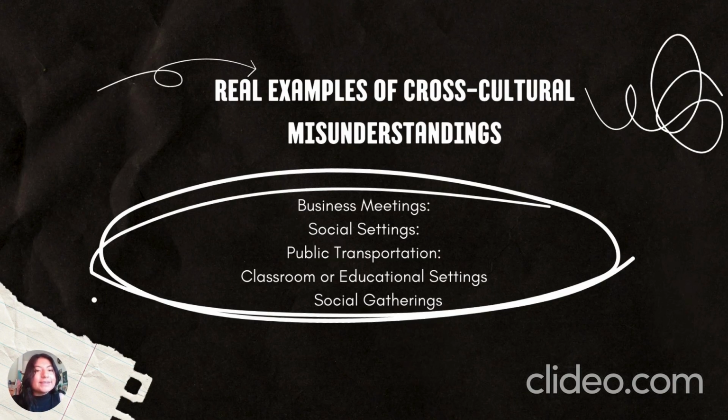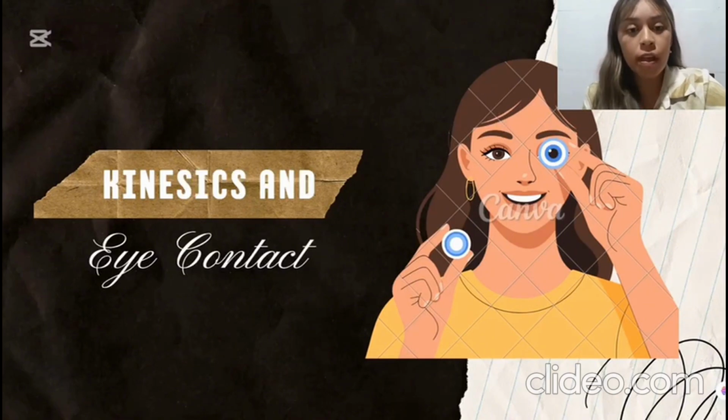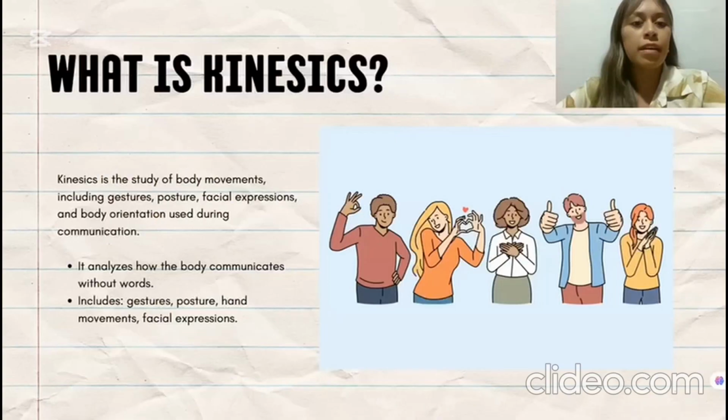I'm going to talk about two important aspects of nonverbal communication: kinesics and eye contact. Well, first of all, what is kinesics? It refers to the study of body movement. This includes our gestures, postures, facial expressions, and the way we move while communicating.